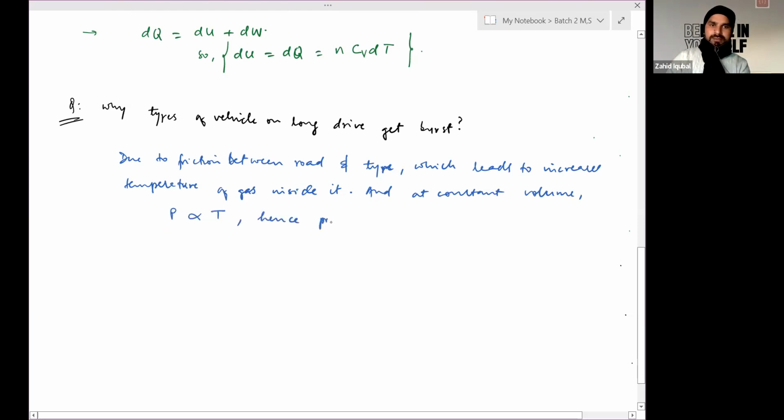Hence pressure increases, which causes the bursting of the tire.